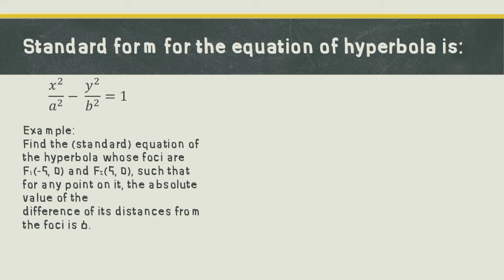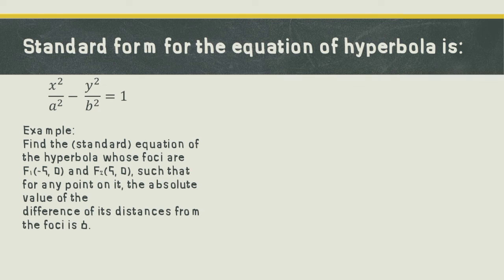Example, find the standard equation of the hyperbola as foci are f sub 1 negative 5, 0 and f sub 2 positive 5, 0 such that for any point on it, the absolute value of the difference of its distances from the foci is 6.